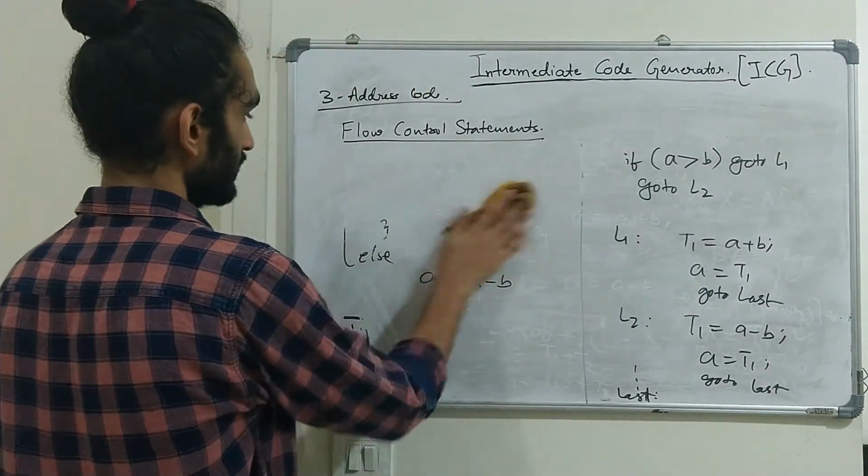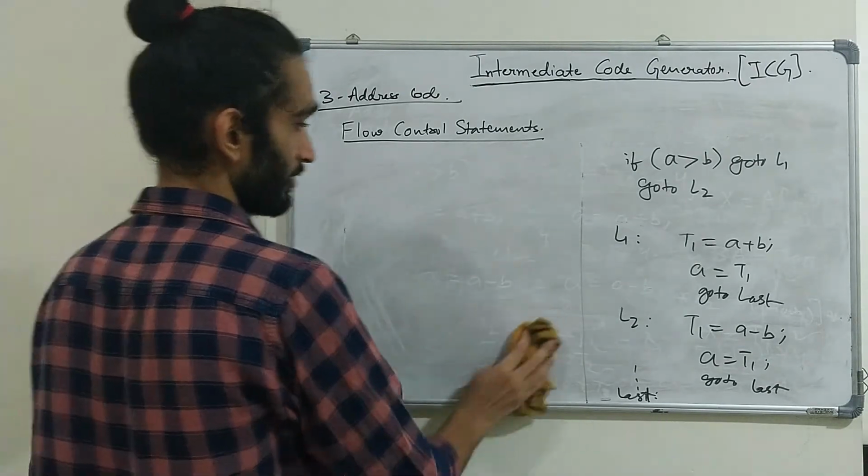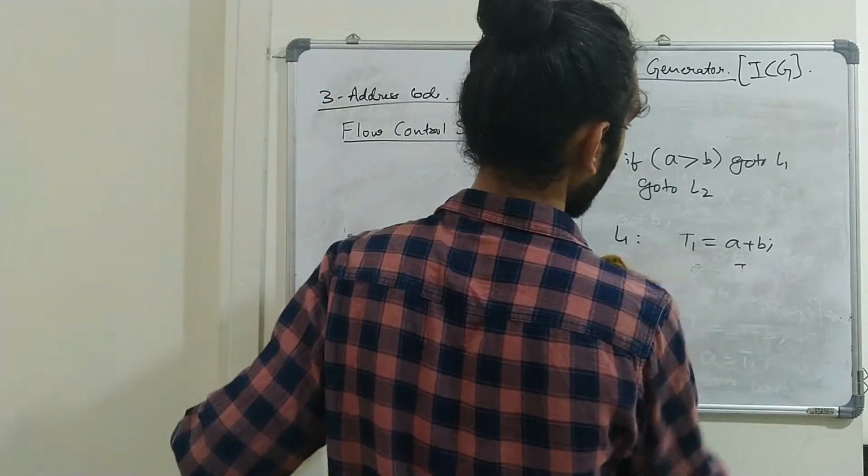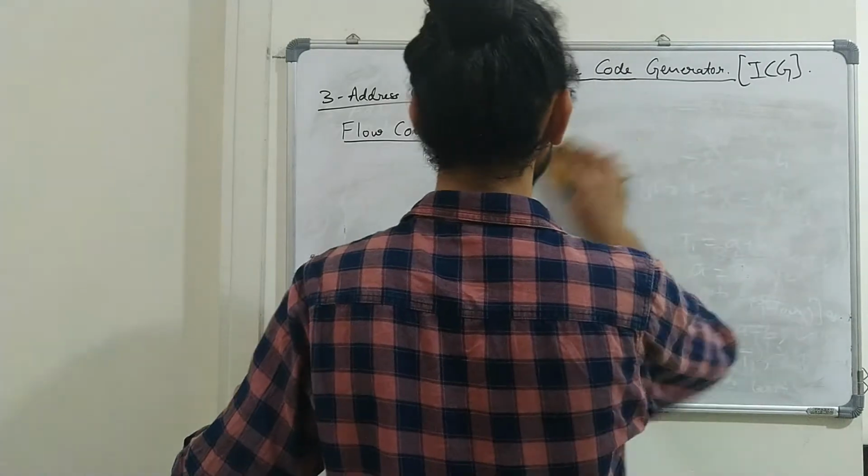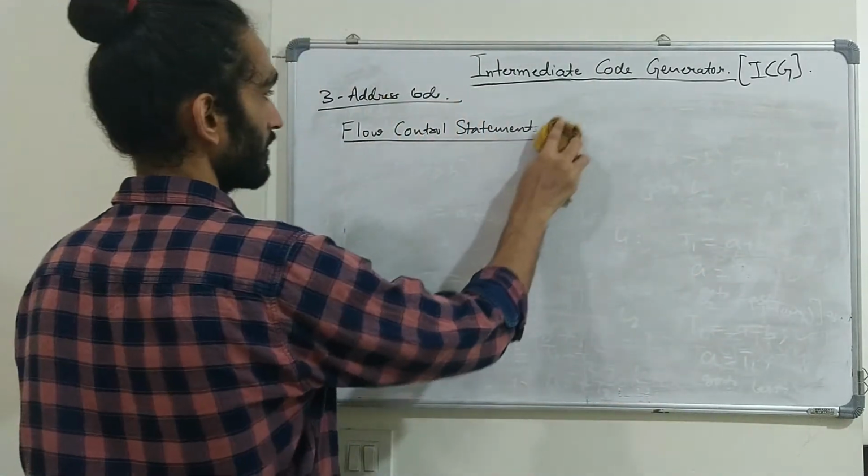Now this is for the if statement. Let's try to understand it for a switch statement. The others, like while and for loop, you can try by yourself.